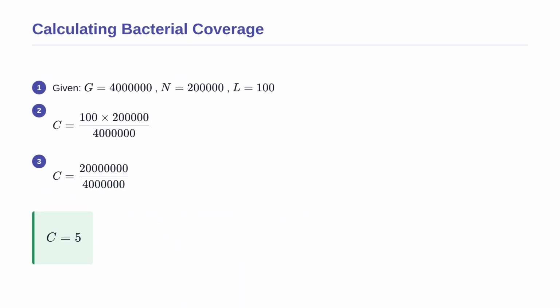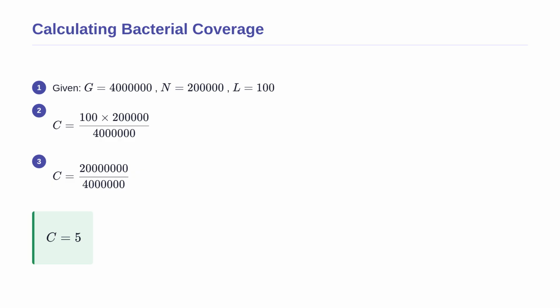Before we move on, let us see this with a concrete example. Suppose you are sequencing a small bacterial genome with a total length of 4 million base pairs. Your machine generates 200,000 reads, each with an average length of 100 base pairs. We want to find the average sequencing coverage to know if we have enough data.